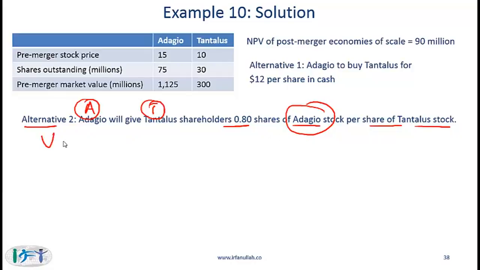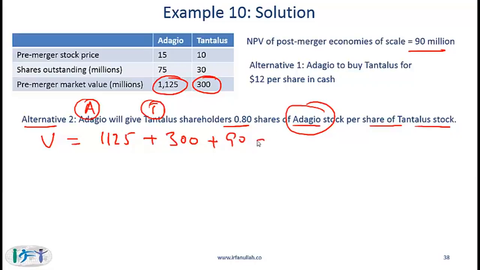The value post merger is going to be equal to value of A, the acquirer, which is 1125, plus the value of the target, which is 300, plus the synergies, which is given 90, and minus what? Minus 0, because no cash payment is being made. So what is the overall value? 1515.